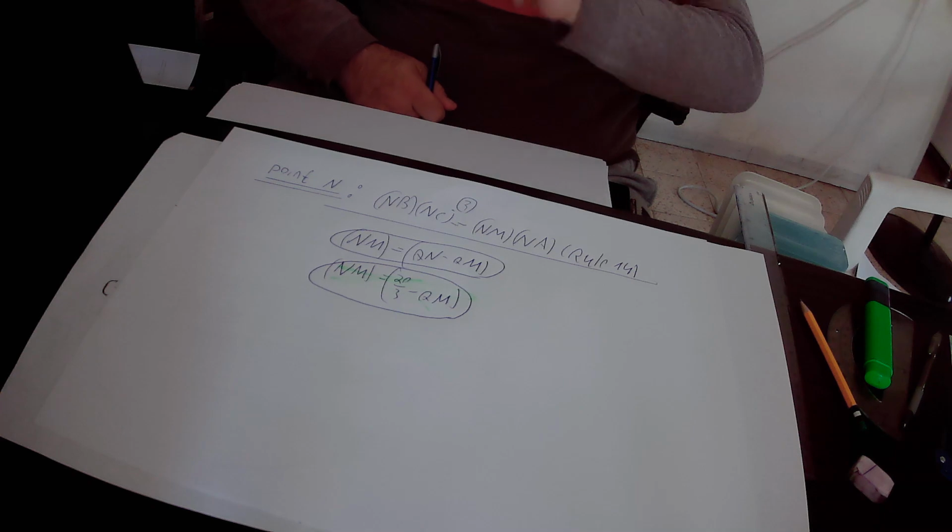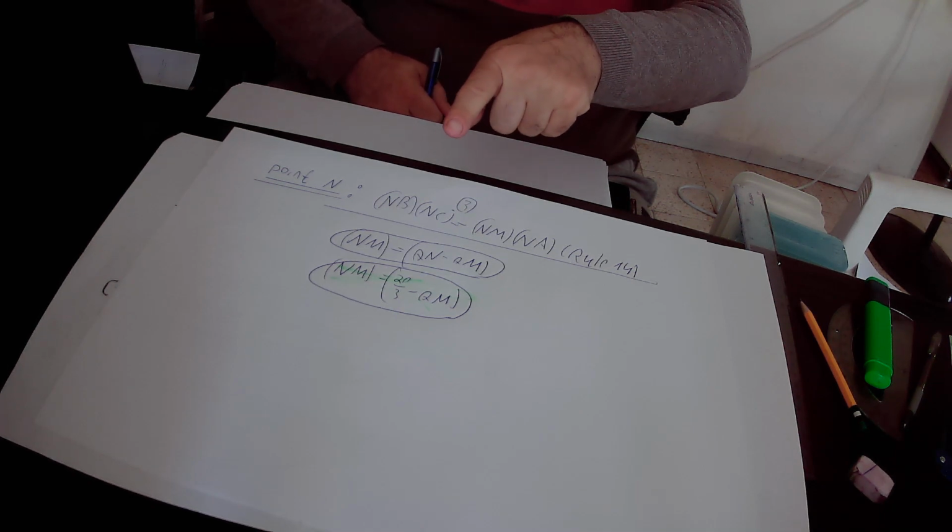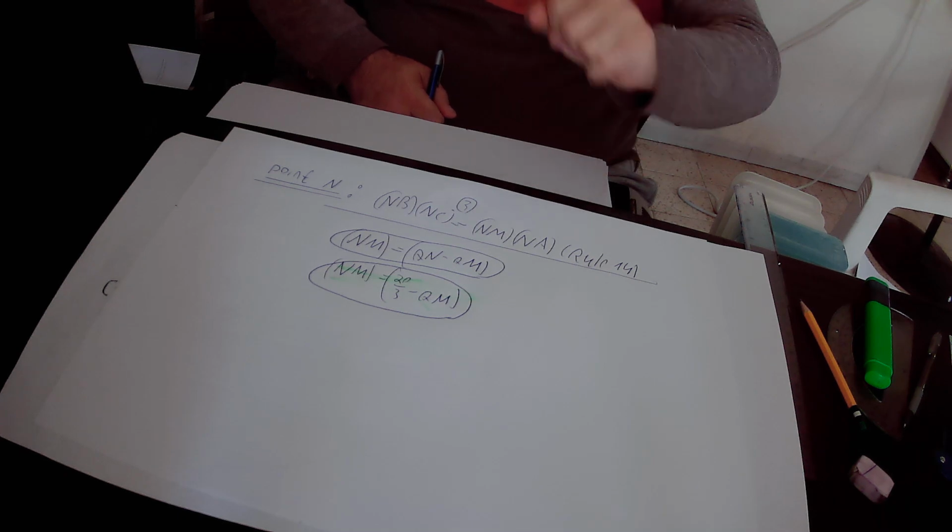Now we will return to rule number 14. According to rule number 14, NB times NC equals NM times NA.